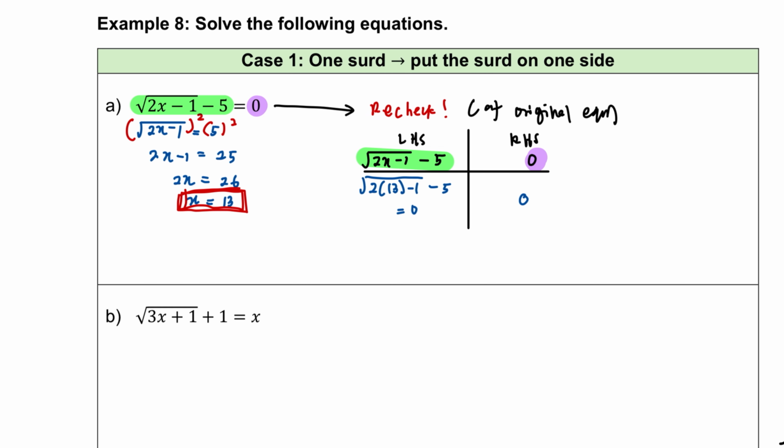So kita nampak nilai ni, this value and this value are equal. Diorang ni sama. So, bila kedua-dua nilai sama, belah kiri sama nilai dengan belah kanan, maksudnya sekarang, the answer that we have right now satisfy our original equation. Bila dia satisfy the original equation, meaning that itu adalah jawapan yang betul. So, kita akan buat conclusion, x is equal to 30.